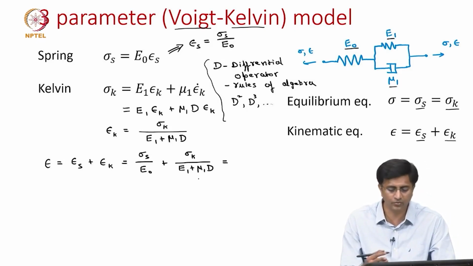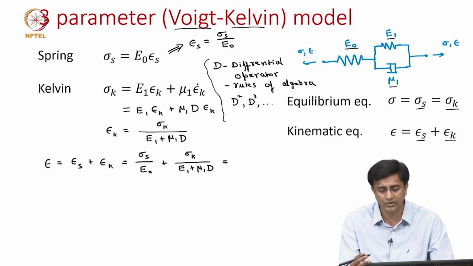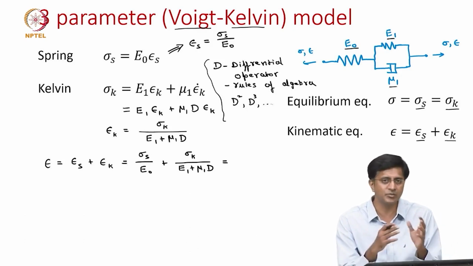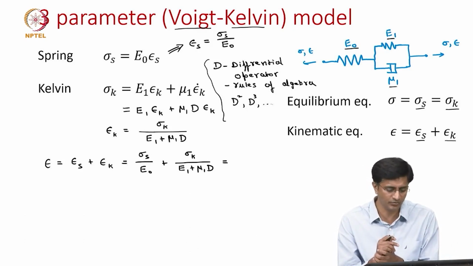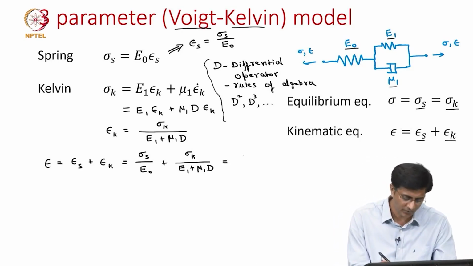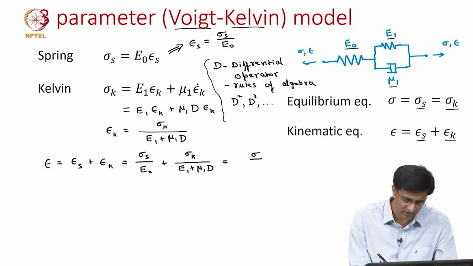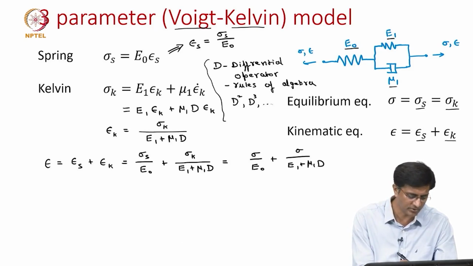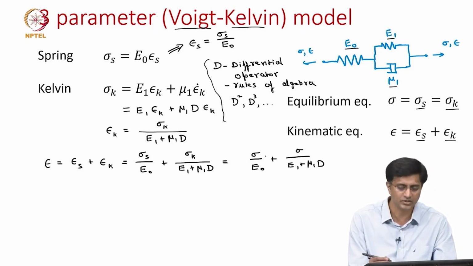Again, if we recall from the equilibrium equations, we know the total stresses are the same in the spring and in the Kelvin model, which means we can replace this sigma s and sigma k with sigma. So, if I do that, it will be sigma by E naught plus sigma by E1 plus mu1 d. So, what we have done is simply replace the sigma s and sigma k with the total stress sigma.